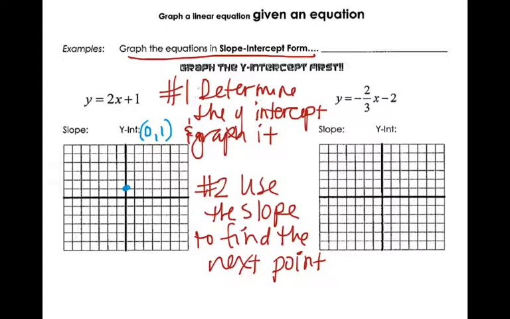So you tell them, go up 2 streets, make a right, go down 3 houses. Basically what's happening here. So that slope gives us the directions of where to go to find the next point. So in my first equation, my slope is a 2. So what that's telling me is my rise over run is 2 over 1. Remember, if there's no denominator, it's a 1. So I'm going to rise 2, run 1, and there's my next point.